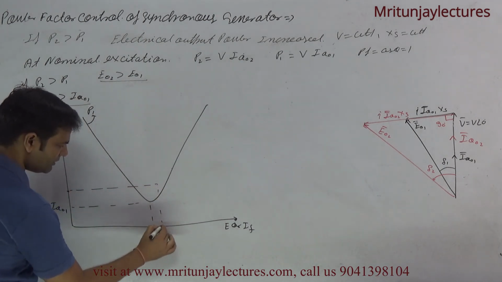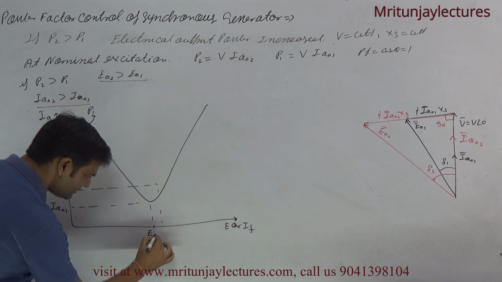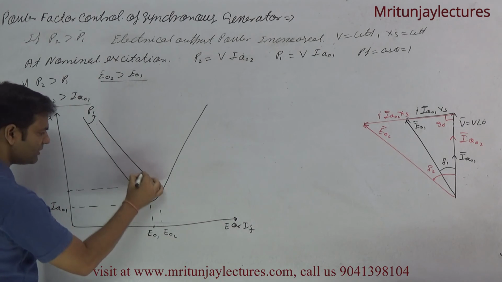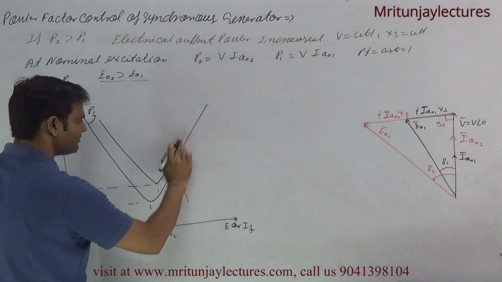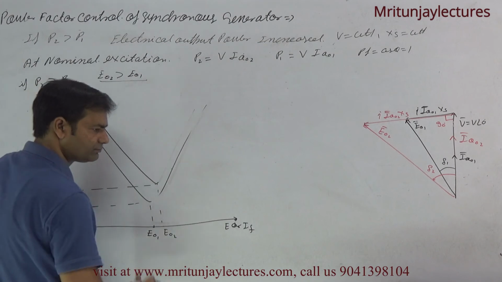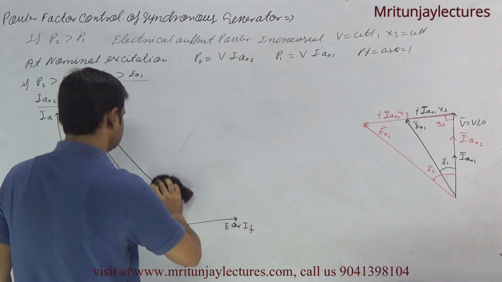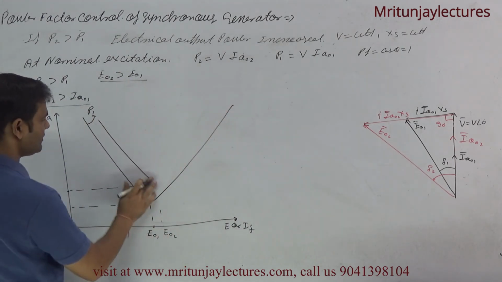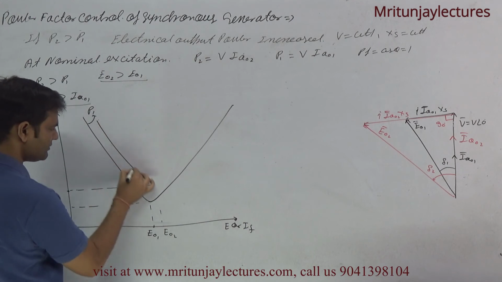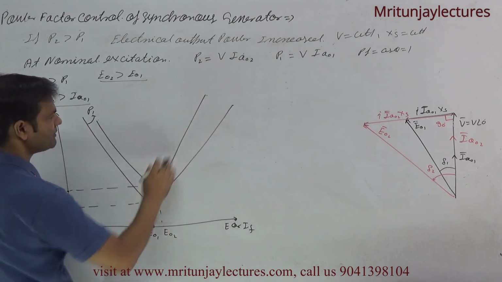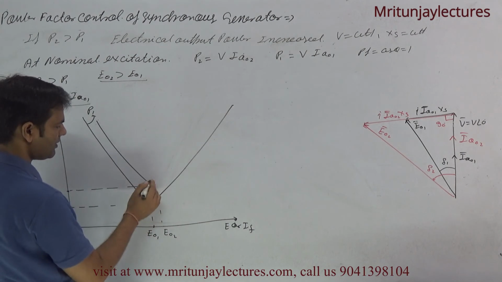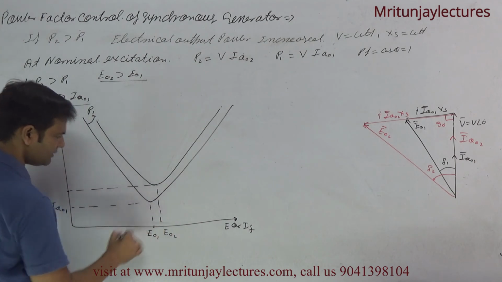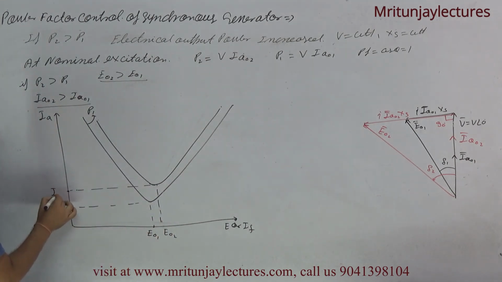And what about this one? This one is E01, and that is E02. Okay, so if you want to make it corresponding to here, then make this one like this. Corresponding to E02, that is IA02.